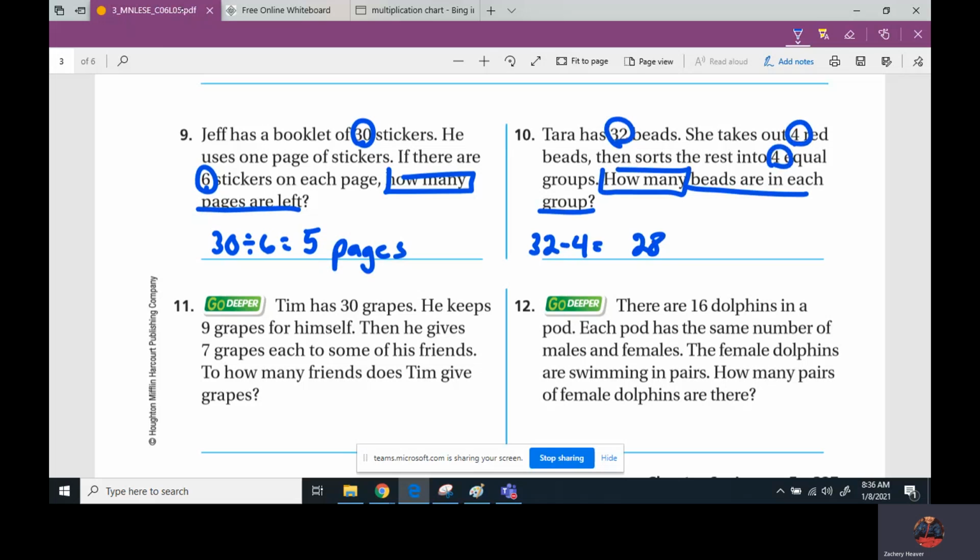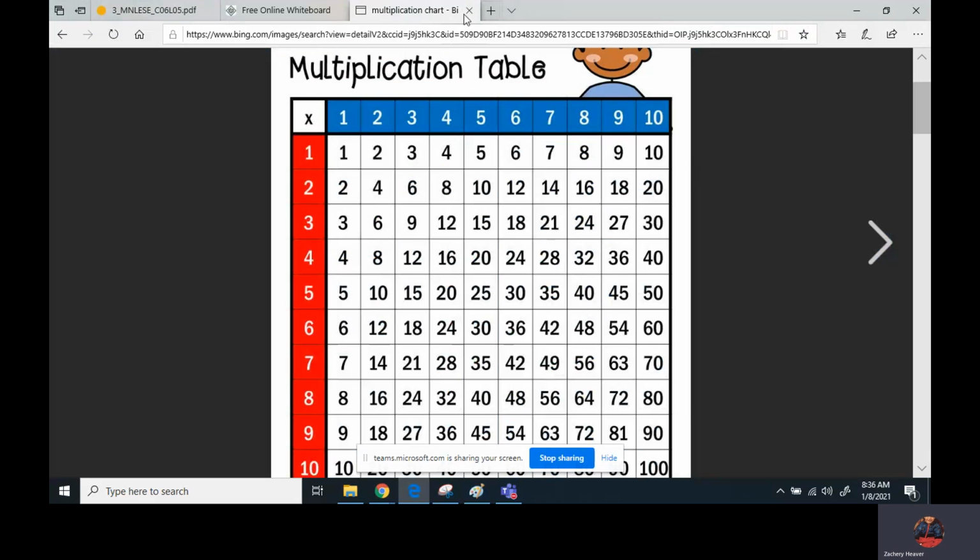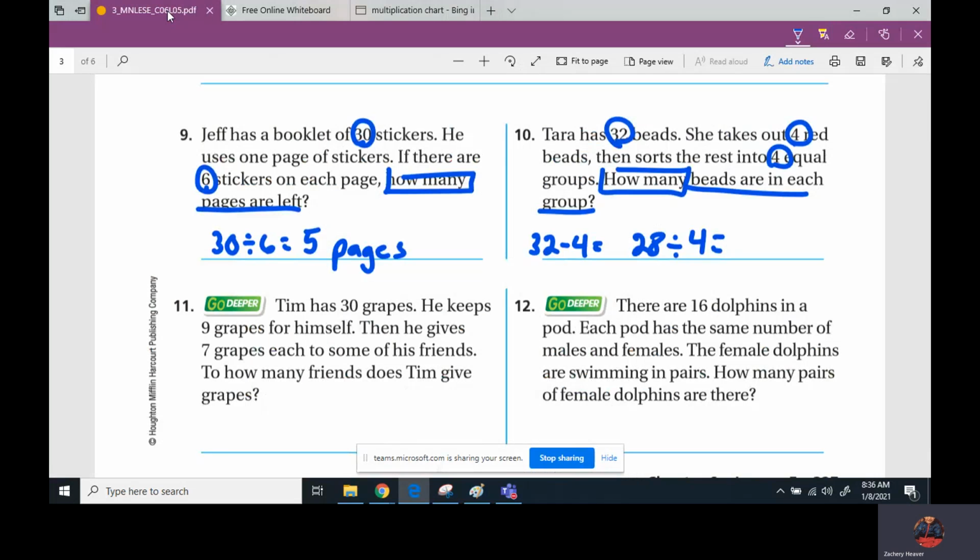So she has 28 beads left, and she puts them into 4 equal groups. Okay? So we got to start with 4 and go to 28. 1, 2, 3, 4, 5, 6, 7. And to double check myself, I'll go over. And that red 7, there we go. So those are going to be 7 beads.